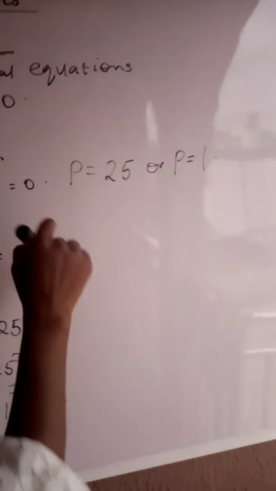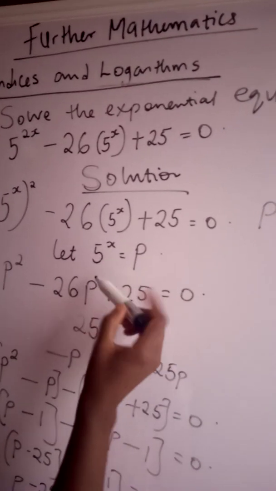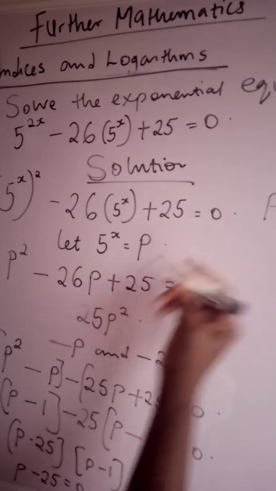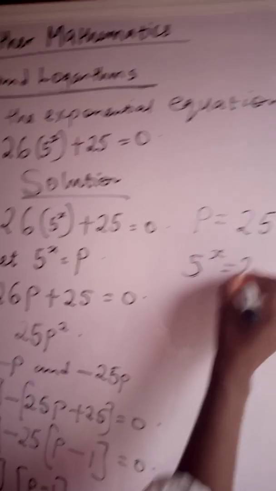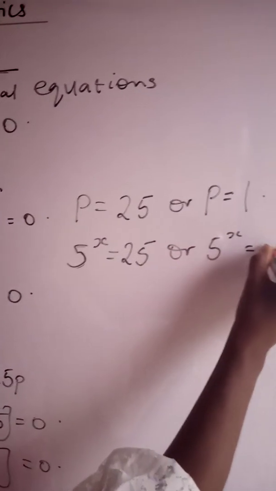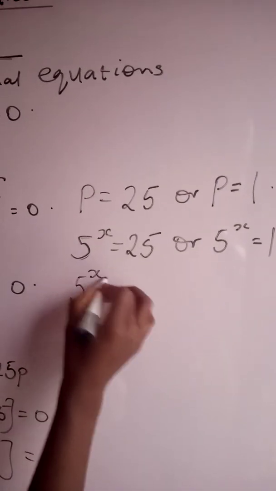Then let's recall that we said 5 raised to power x equals p. So we'll come back to this by replacing p with 5 raised to power x. So it's going to be 5 raised to power x equals 25, or 5 raised to power x equals 1.